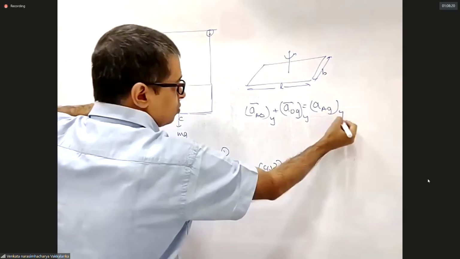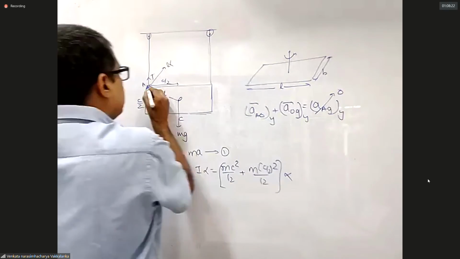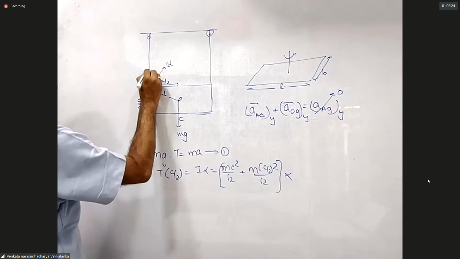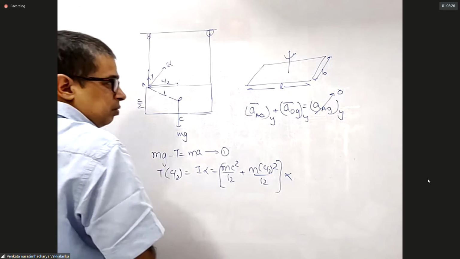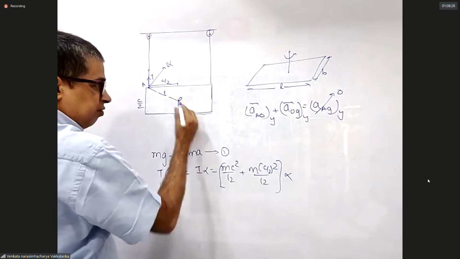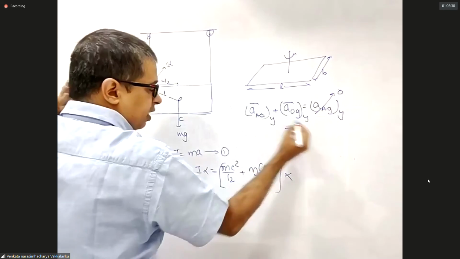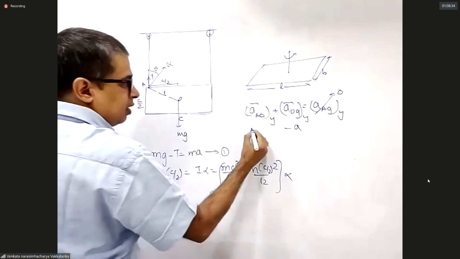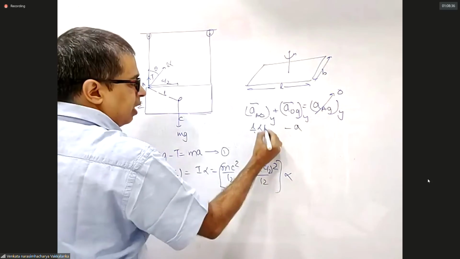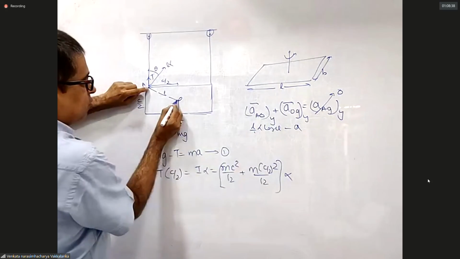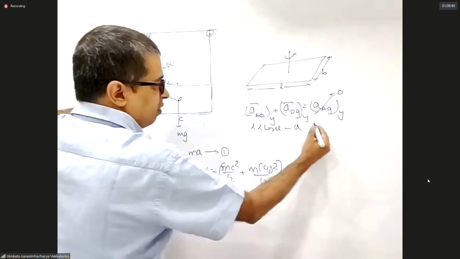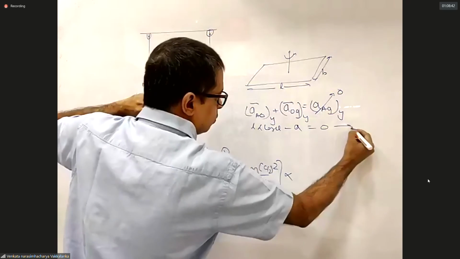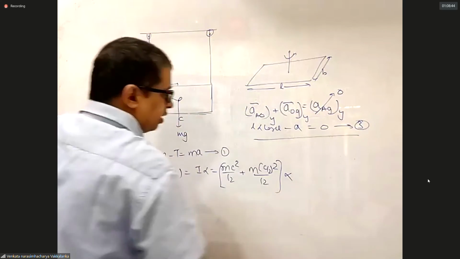Acceleration of A with respect to ground along the y-axis should be 0. Acceleration of O will be minus A. If I can find this theta, this will be L alpha cos theta, where L is this distance. L alpha cos theta should be 0. This will be my third equation.